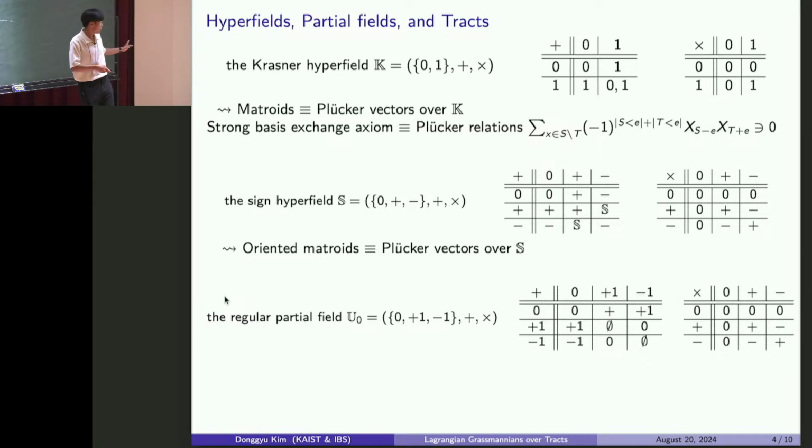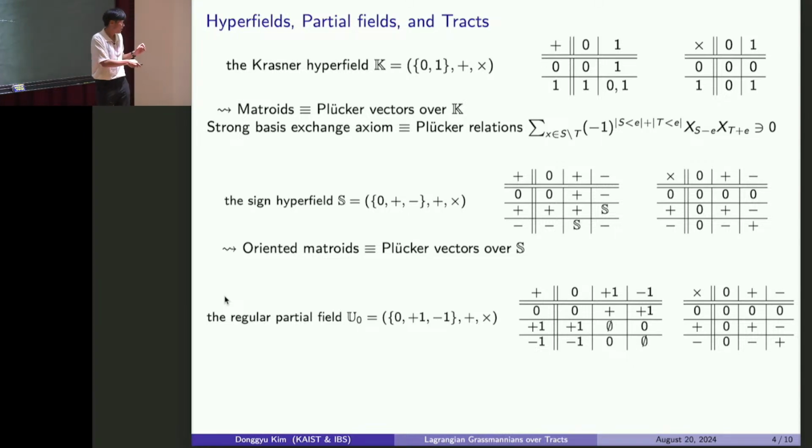And yeah, also let's move the other way around. So if you consider partial fields, I think some people who are working on matrix representations of matroids are familiar with this concept, of course. For the partial field, it is a little different. When you sum up two elements, it may output nothing.